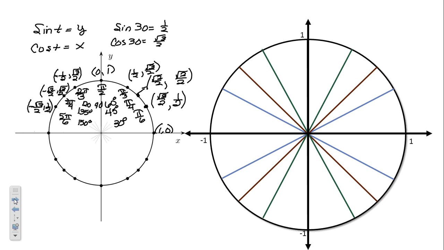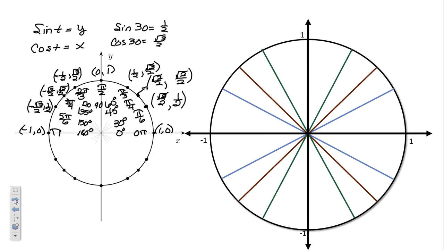What's this coordinate point, or what's the ordered pair? -1, 0. This is our 180, or pi. Okay. So this down here is going to be what kind of an angle in the third quadrant? 30, 45, or 60? 30.